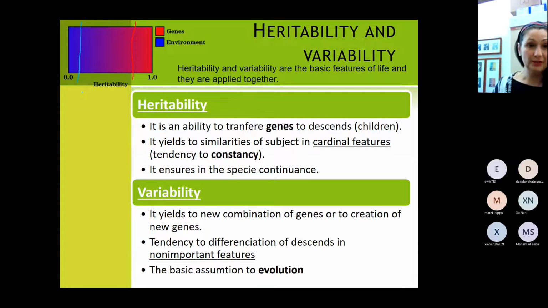So we know that variability exists, and this is the driving force for evolution. It helps to combine genes and to create new genes, also to combine some genes, creating some new type of feature. This is not really well discovered, but we know that it exists, and this is the driving force for evolution.